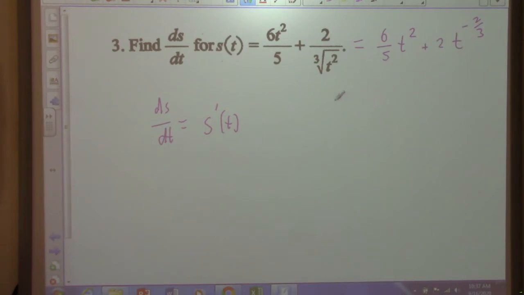And so now we want to find ds dt equals s prime. So we have 2 times 6/5 t, because that goes there. Then we have plus negative 2/3 times 2 times t to the negative 2/3 minus 1.